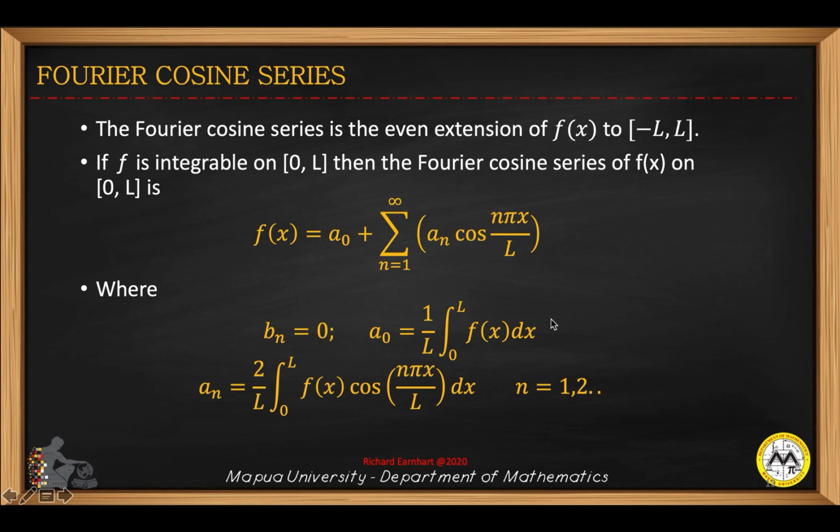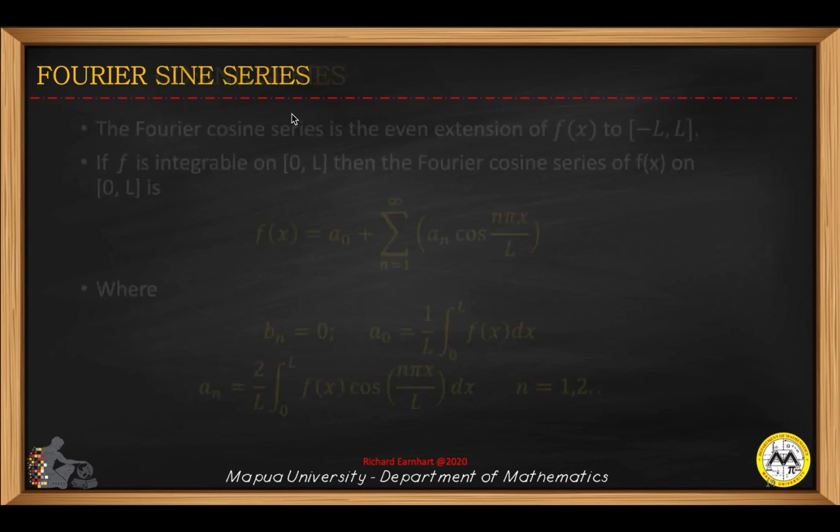So we just evaluate a sub o and a sub n if you want to extend the function to a cosine series.